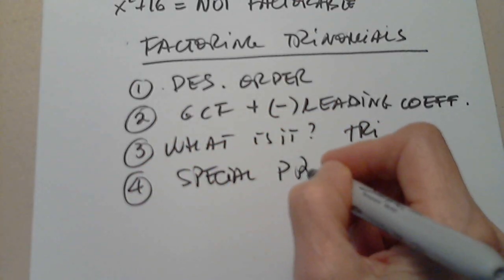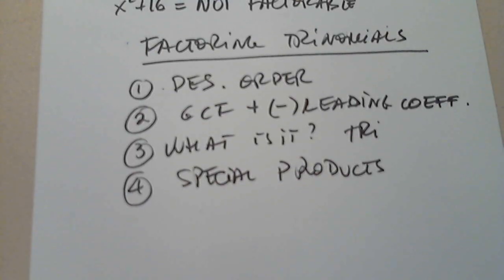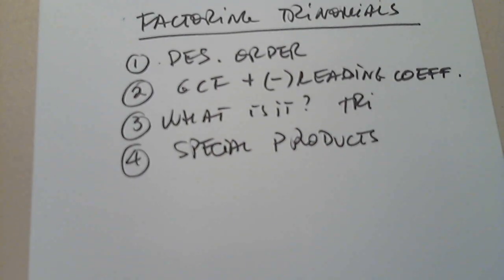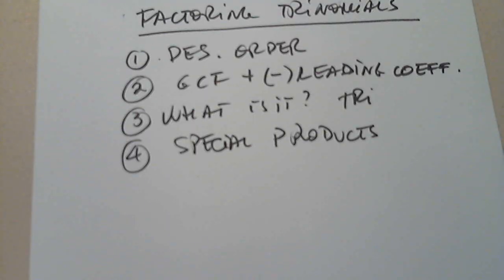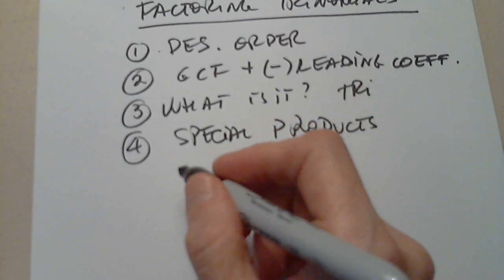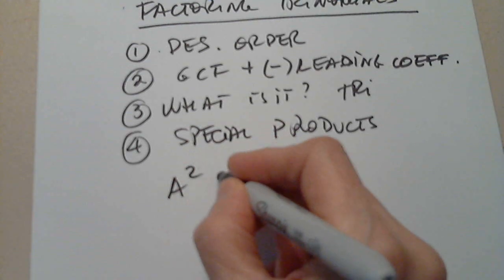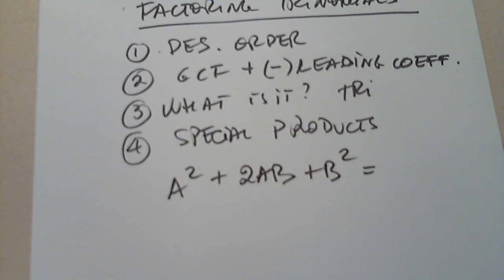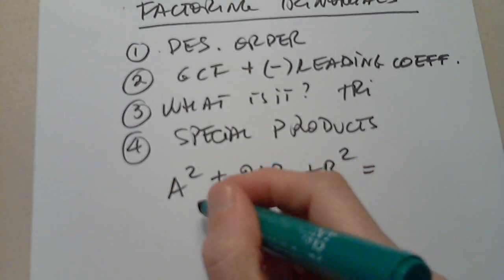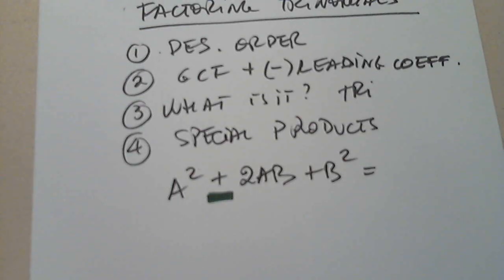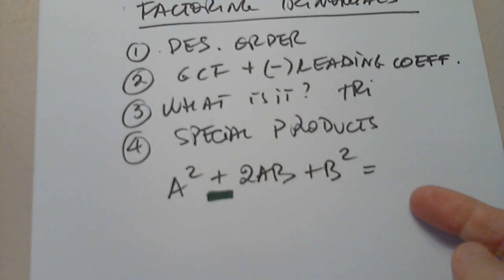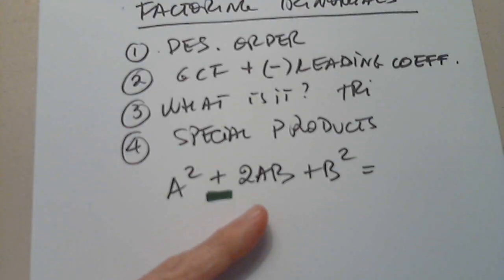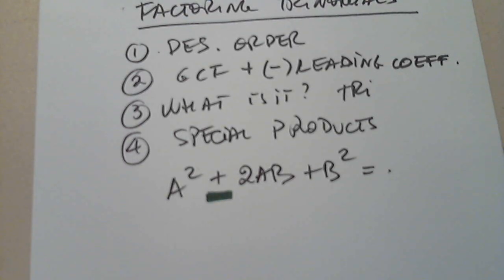There is only one, the one that we studied last week, which is a squared plus 2ab plus b squared, and of course, or minus 2ab. Last week we discussed this direction. This week we discussed this direction. Does anyone remember what this was?